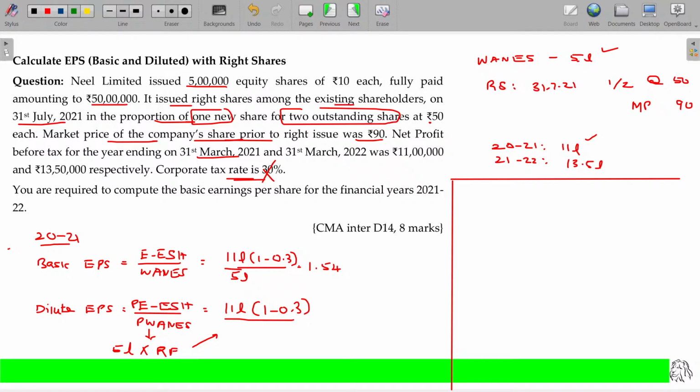You have to find out the X right price: market price divided by X right price.